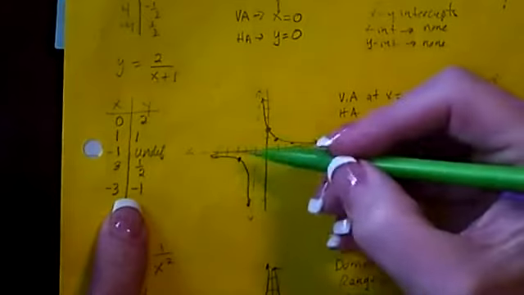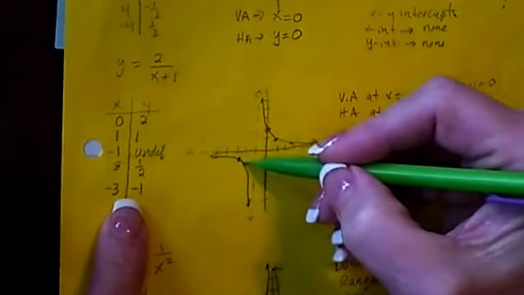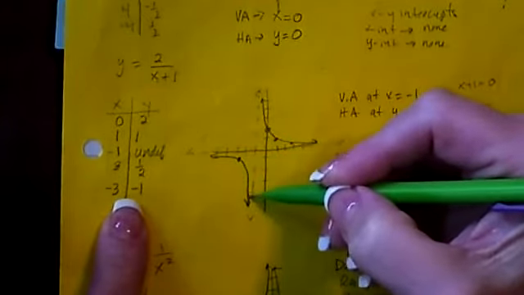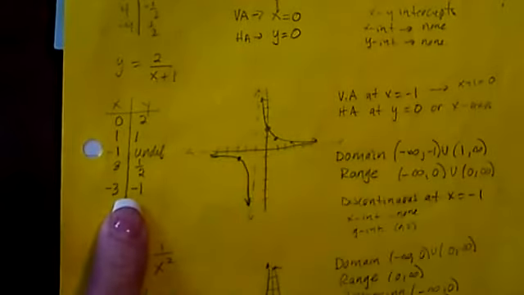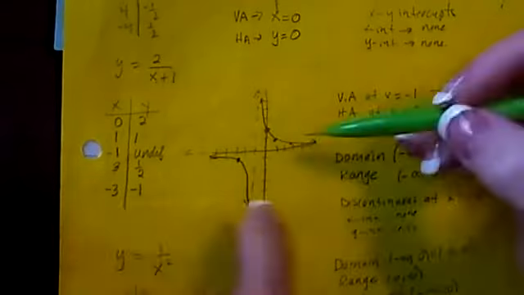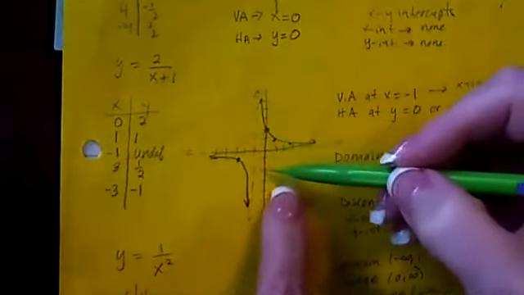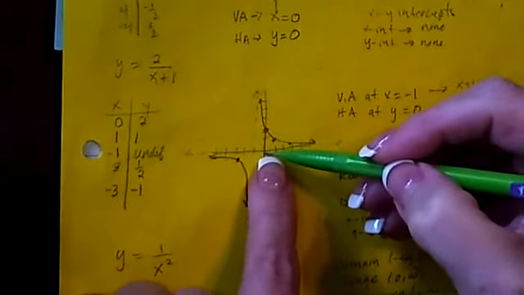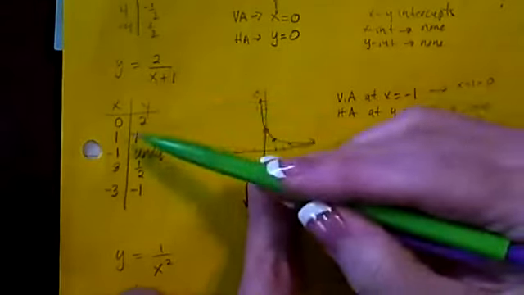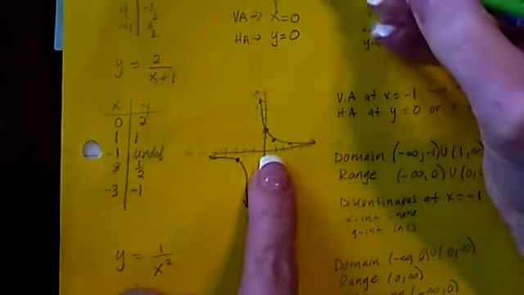All right. So I can sketch it. I know this gets closer and closer to this asymptote, and this gets closer and closer to this asymptote. Then I have to look over here. Okay, well, I know it's got to be up here or down here. So pick a point. 0 is a nice point that I could pick here. I couldn't pick 0 up here because it's the asymptote, right?